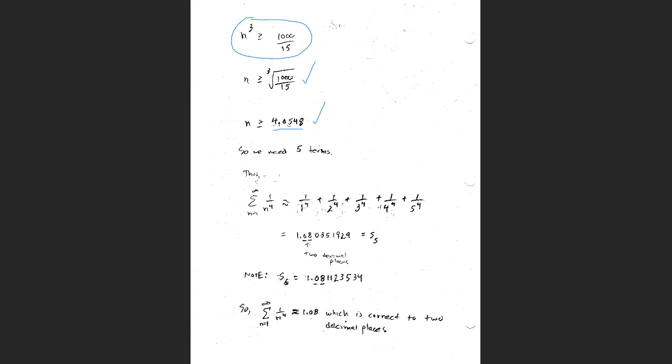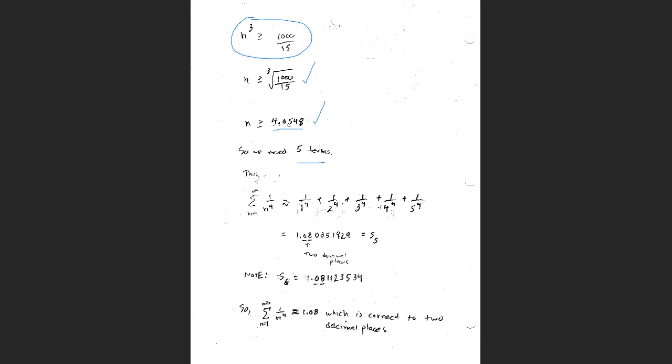No, it's not. Michael's right. You need 5. In terms of algebra, n as a variable is greater than or equal to 4.0548. But I can't add 4.0548 terms. So to get what I need, I have to add 5 terms.